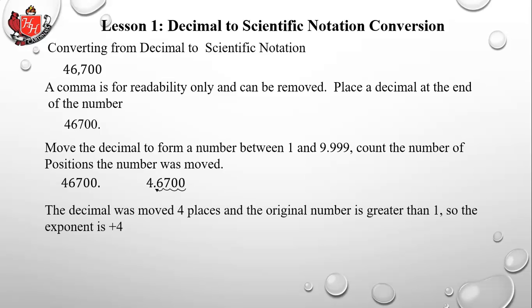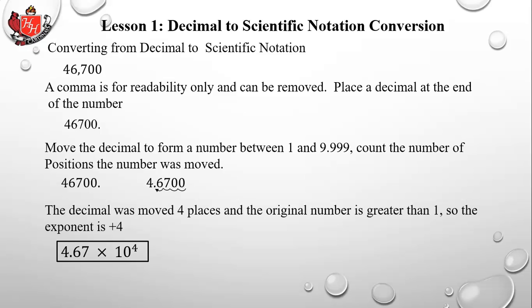The decimal is moved 4 places, and the original number is greater than 1, so the exponent is plus 4. You don't have to write the plus sign, but just for emphasis, it's positive 4. So the number in scientific notation will be 4.67 times 10 to the 4th.